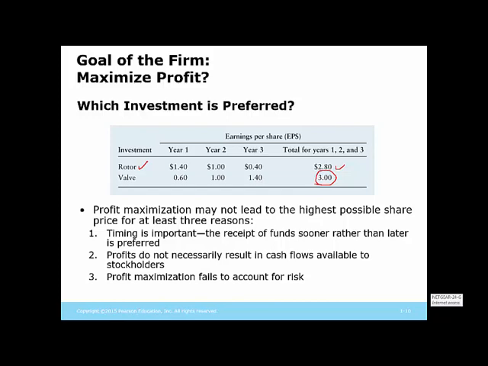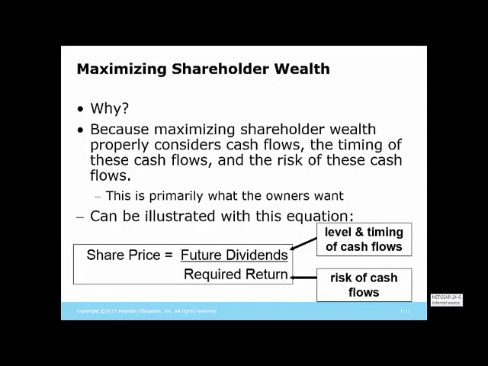And then finally, profit maximization doesn't talk about risk. What's the chance that these cash flows or these earnings per share actually happen? So profit maximization just doesn't necessarily lead directly to an increasing stock price.